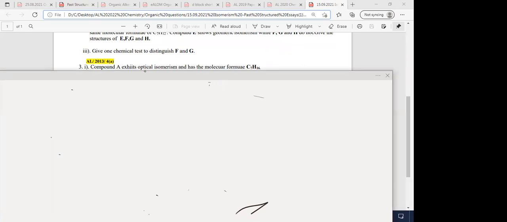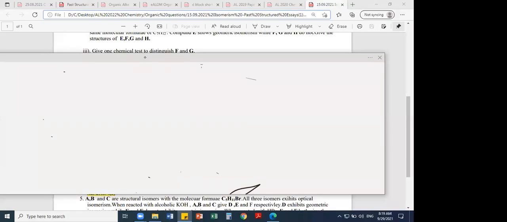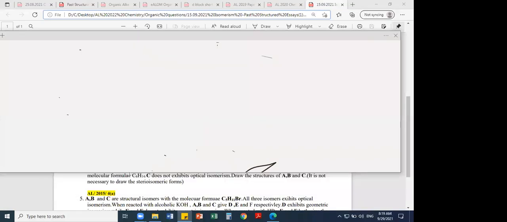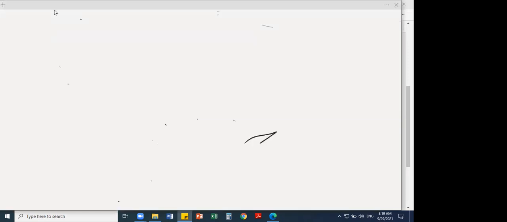Any volunteers? 2014 paper. I'll give a clue. You do the rest at home, because now you are a little bit comfortable with this.